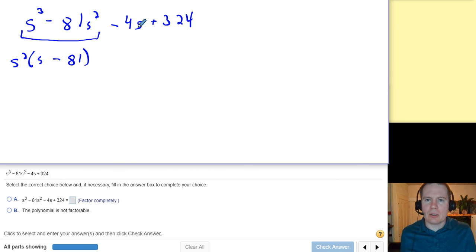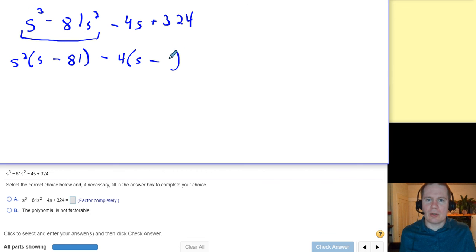And this might be a little bit complicated here. This negative 4 is what I actually want to factor out. I don't just want to factor out 4, but since that's a negative term, I want to factor out the 4. So negative 4 times something gives me positive 324. So to get a positive product, I need negative times a negative.